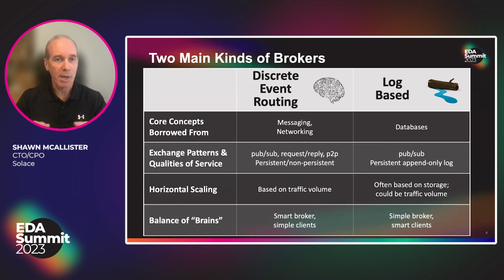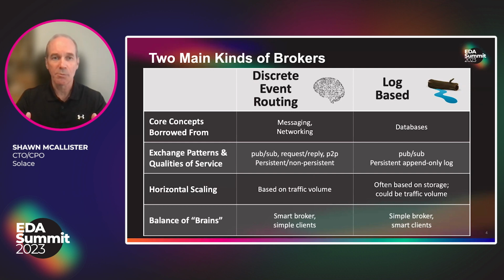From a message exchange pattern point of view, the discrete event brokers typically support multiple message exchange patterns like pub/sub, request/reply, point-to-point, and they support persistent and non-persistent qualities of service. Whereas the log-based brokers support pub/sub and typically have persistent messaging as their only quality of service, as they store all their events to disk first.